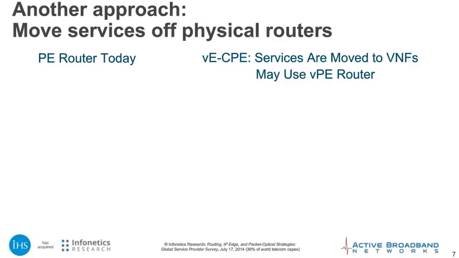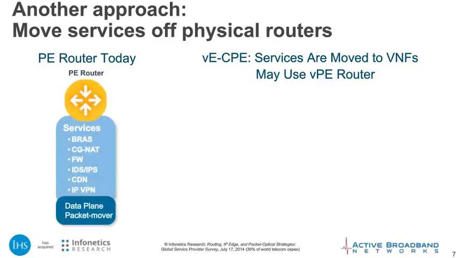Besides NFV directly, there's another approach where service providers plan to move services off of physical routers, and we're going to talk about this today. The PE router, or provider edge router, which some call an IP edge router, is placed at the edge of the network, delivering services like BRAS, the broadband access subscriber management, or carrier-grade NAT and firewalls and content delivery networks and IPVPN.